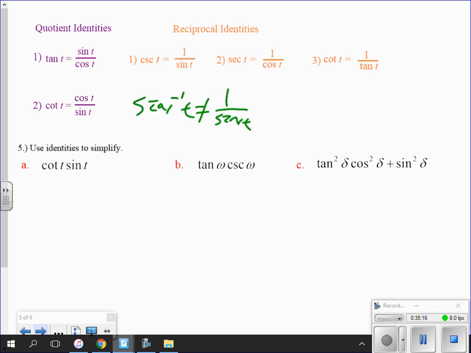On your calculators, you will see a little key. You'll have the sine of x, and above that, sine to the negative 1 power. That is not the cosecant.